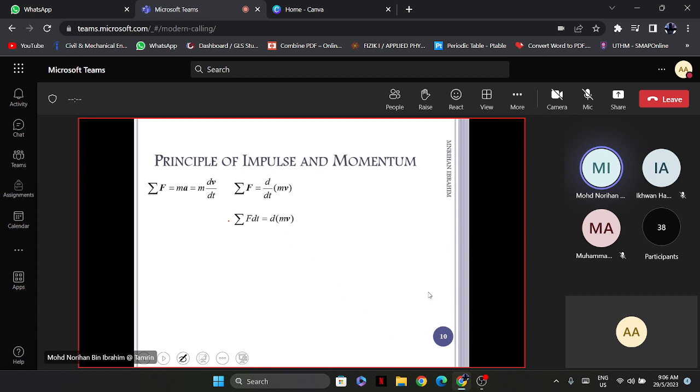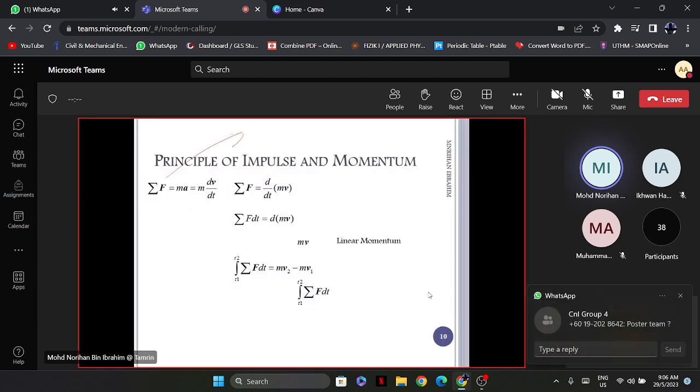So here is how we derive the equation for the principle of impulse and momentum. By using the basic kinematic equation, Newton's second law of motion, which is sum of F is equal to ma.